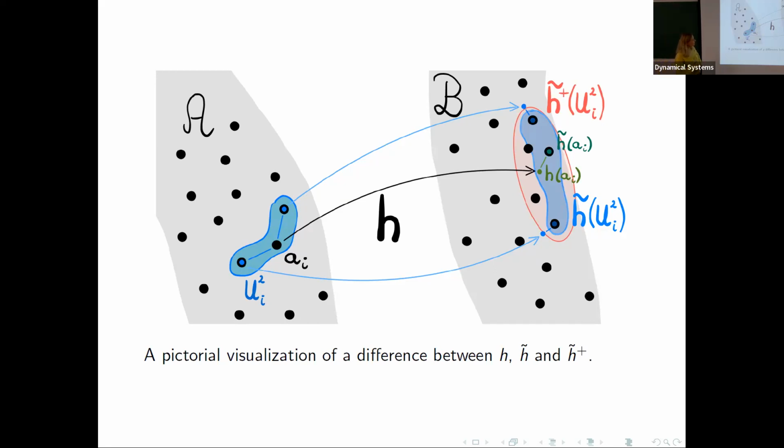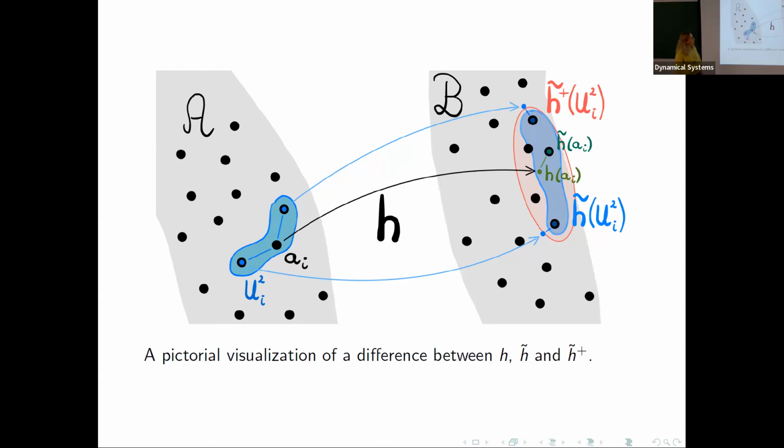So it is a similar idea to this KNN test. For example, when we computed this blue set, we have 2 points, but there are also other points here, these 2 points, which are closer to our theoretical point, H of A_i.